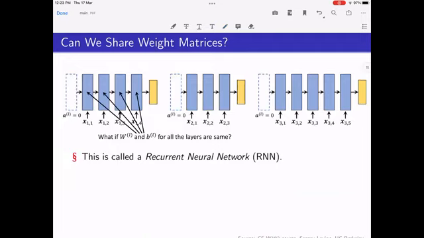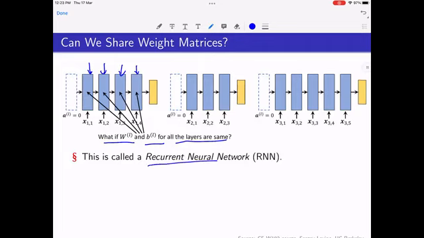Can we share the weight matrices? Basically, what if WL and BL for all the layers are the same? Whatever W we use here, the same W we use here and here and here, in all the layers. This is called a recurrent neural network. It's basically recurring: the weights are recurring. This layer is identical with this layer, and this layer.